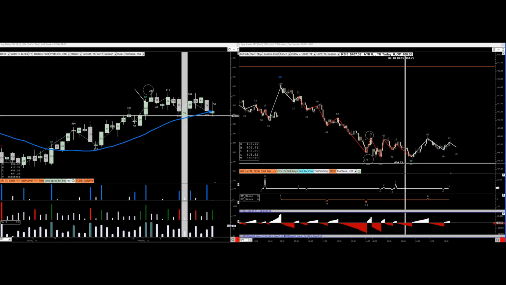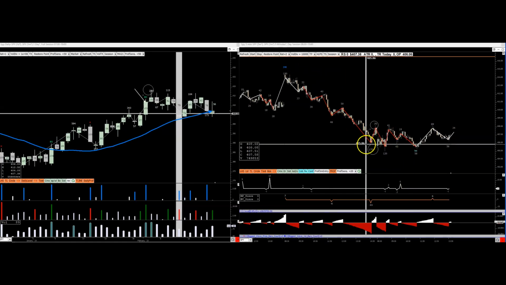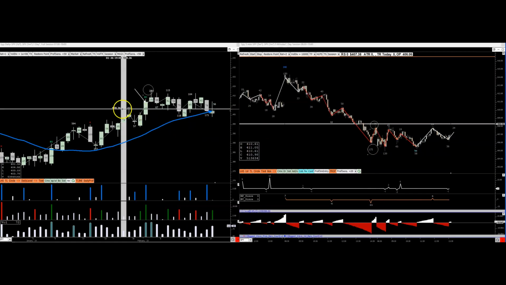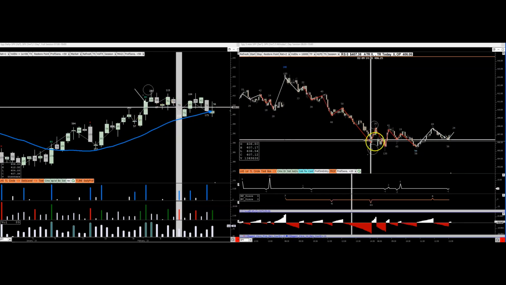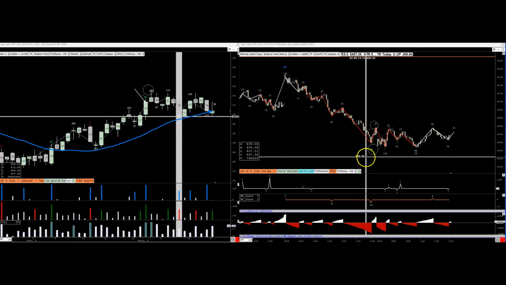If there is a change of behavior, that means they are still there. All right, now, this level over here, if you look at the daily, it's very easy to identify that this is at that level, and now it all makes sense.